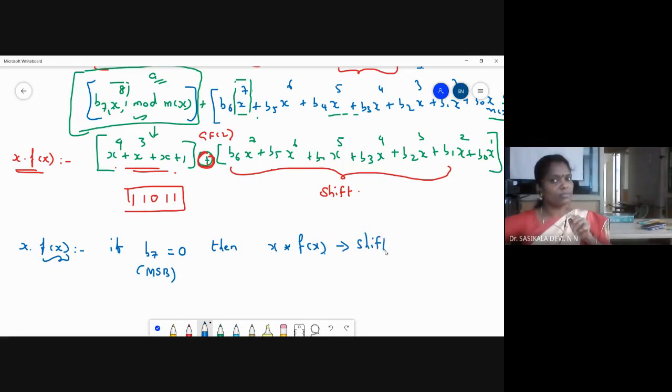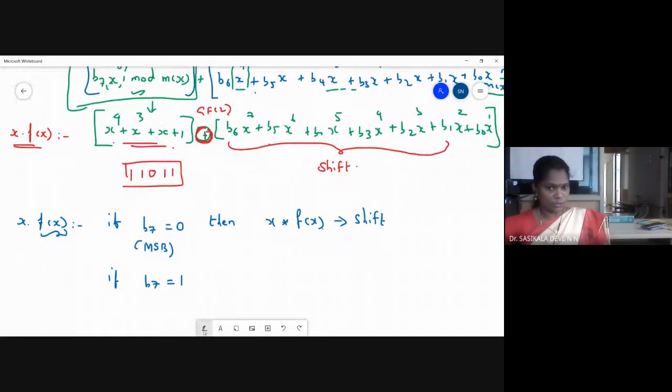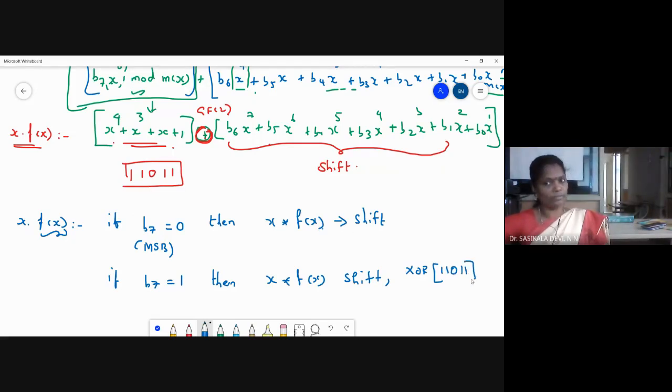Otherwise, if the B7 bit is equal to 1, then x into f of x requires shifting, followed by an XOR operation with the binary bit pattern 11011. So this is a thumb rule here.